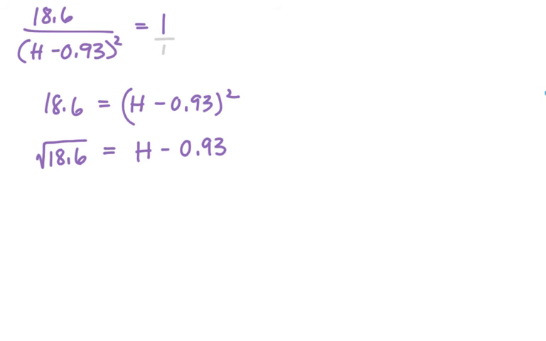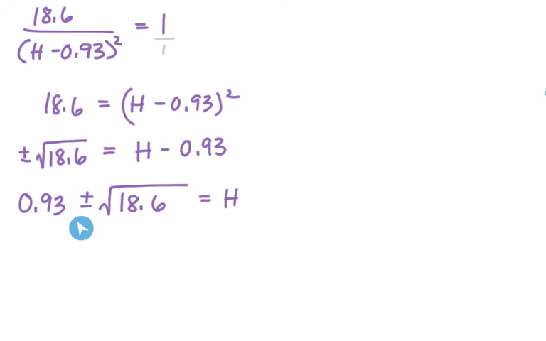Now, keep in mind here that when I use the square root to solve, I must write plus or minus in the front. So my last step here is going to add that 0.93 over. So I have 0.93, it's positive, plus or minus the square root of 18.6 equals h.